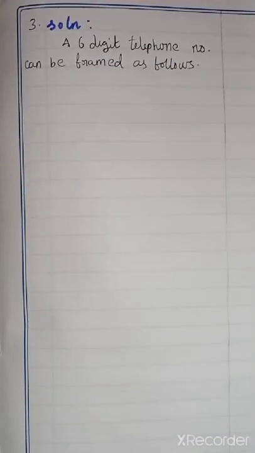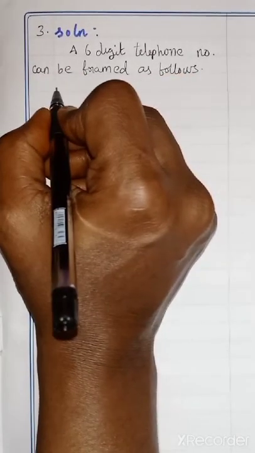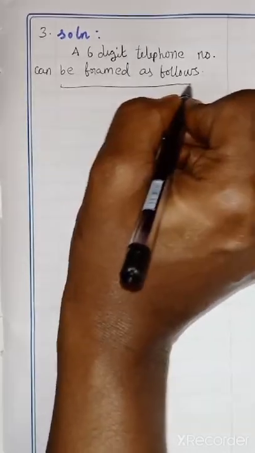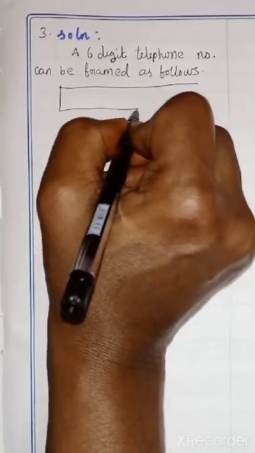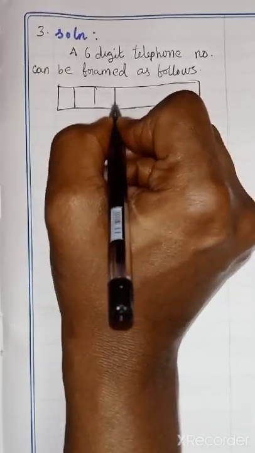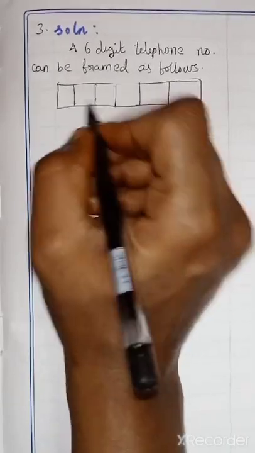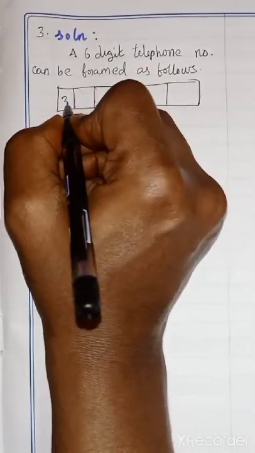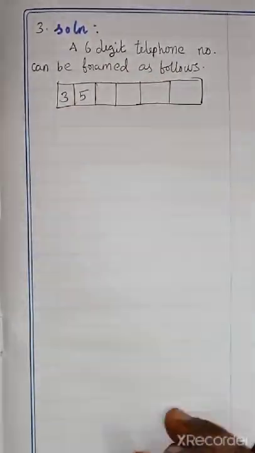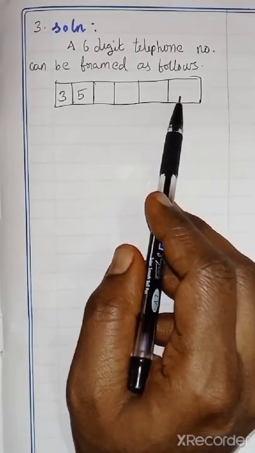What are the digits given? 0, 1, 2, 3, 4, 5, 6, 7, 8, 9. We have to form a 6-digit number, and it is given that the first 2 digits start with 3 and 5, and the remaining 4 digits we have to find out.